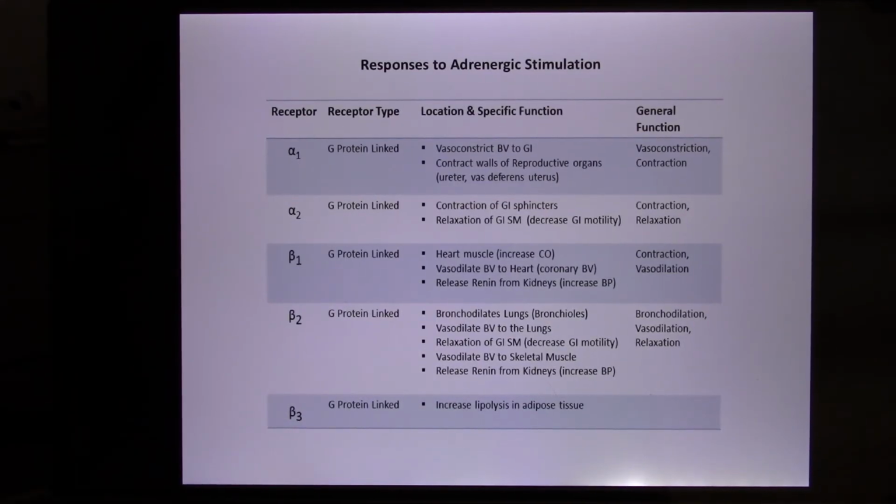And beta-3 is in the lipid, sorry, not pancreas. It will increase lipolysis. The adipose cells' function is to store lipid. When you are fighting the bear, you need that energy, so they do lipolysis, turning the lipid into glucose, so the muscle can use it.